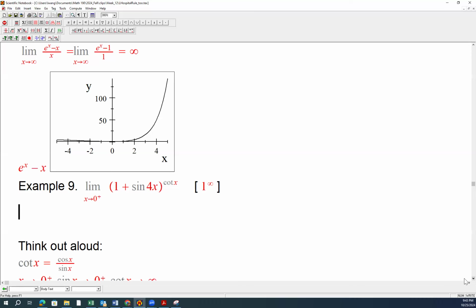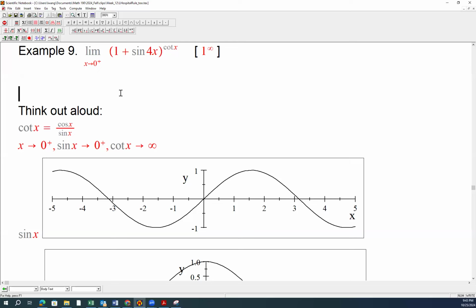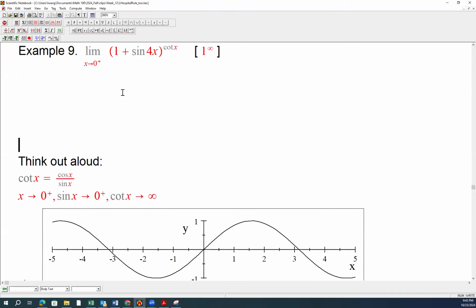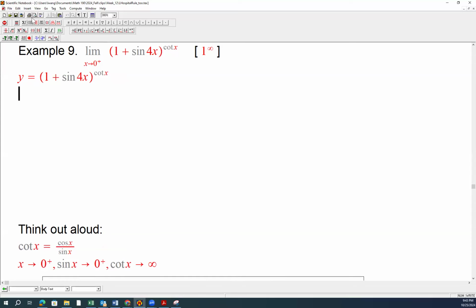Well, we use logarithm. You can just put it on the side. We're going to assume y equals the whole piece without the limit. And then we're going to take a logarithm on both sides, ln on both sides.